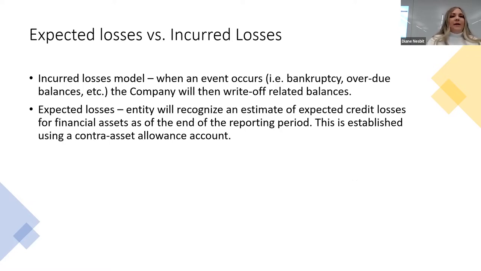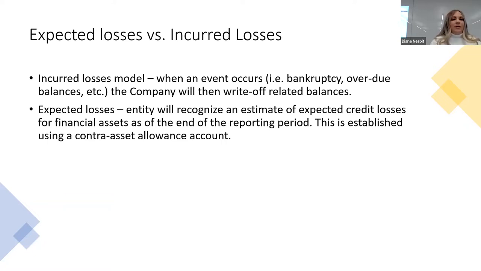Okay, so talking a little bit about the fundamental differences between how we've been doing it and how we will be. Under the incurred losses model, we recognize a loss when an event occurred, like a bankruptcy, overdue balances, et cetera. And then the company would write off the related balances once they knew it was for sure not going to be collectible.